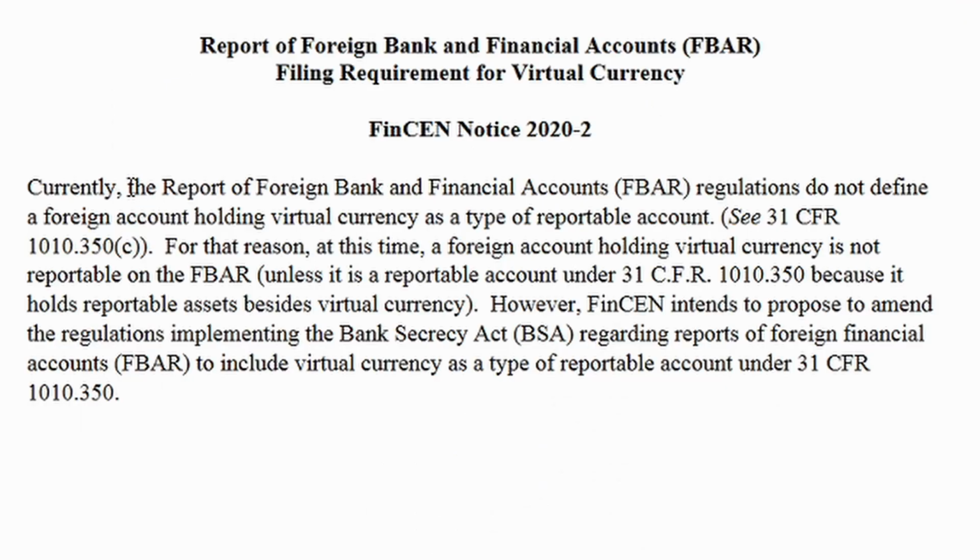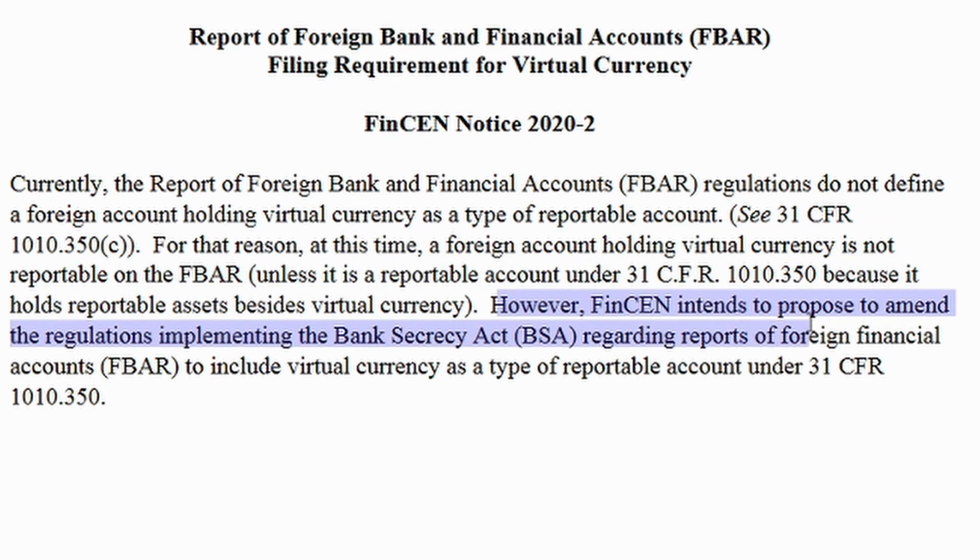So here is a notice from FinCEN themselves saying, currently, the report of foreign bank and financial accounts regulations do not define a foreign account holding virtual currency as a type of reportable account. For that reason, at this time, a foreign account holding virtual currency is not reportable on the FBAR.